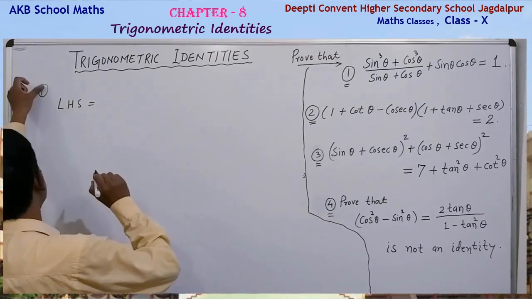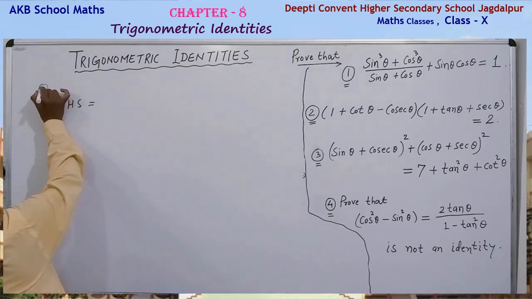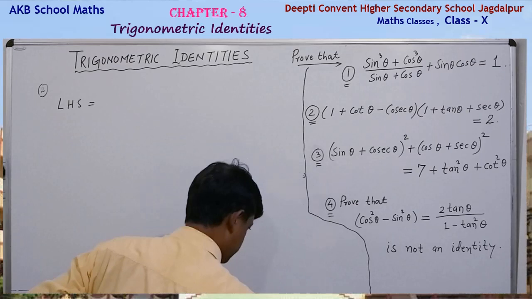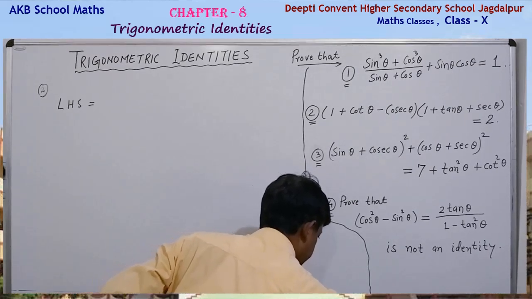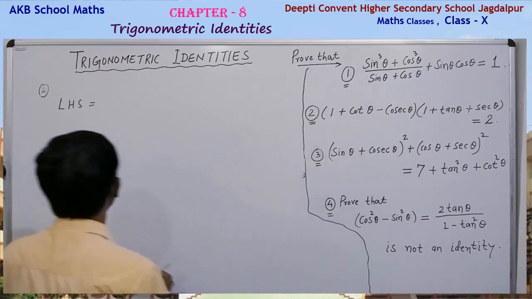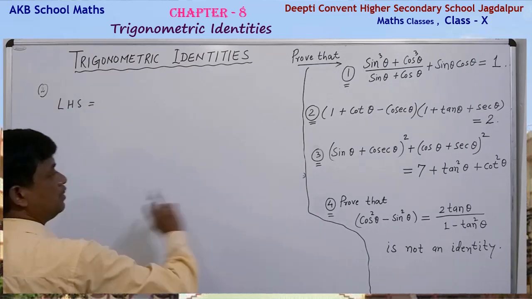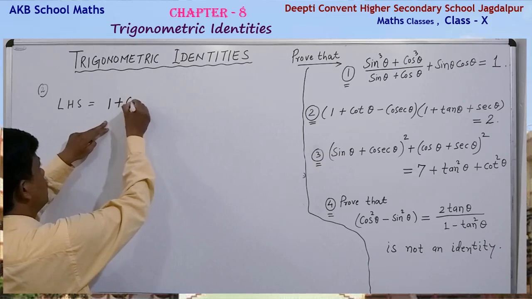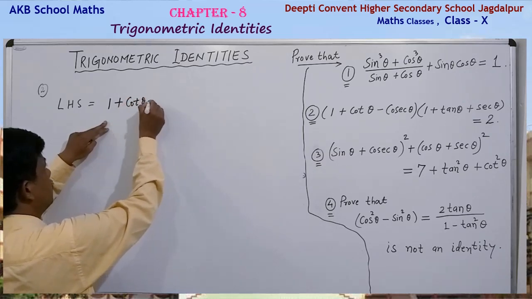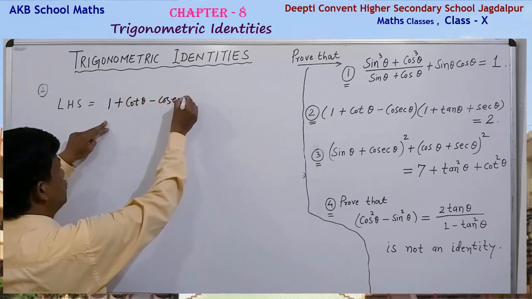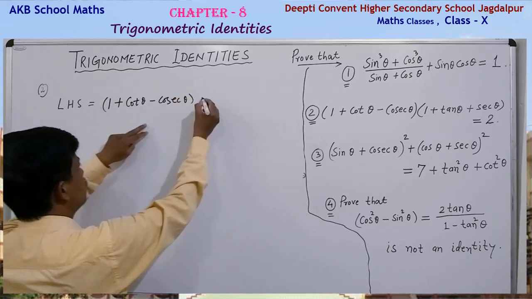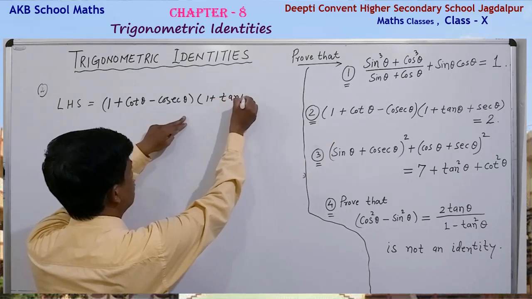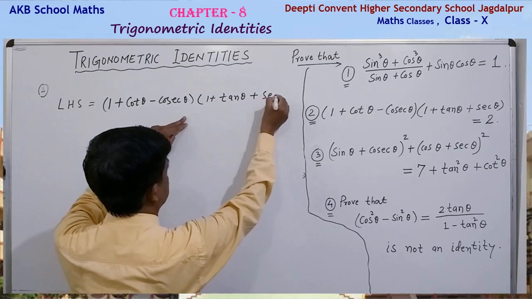For the second question, the left hand side is (1 plus cot theta minus cosec theta) into (1 plus tan theta plus sec theta).